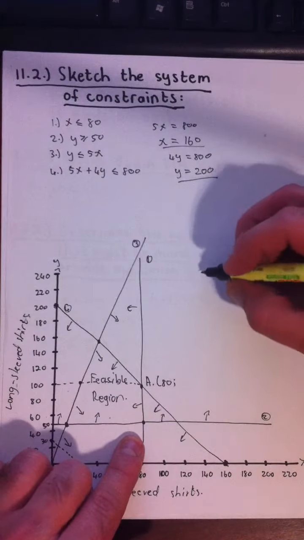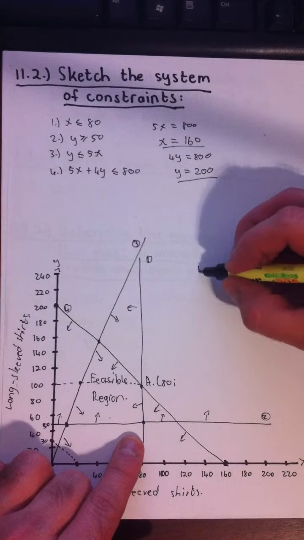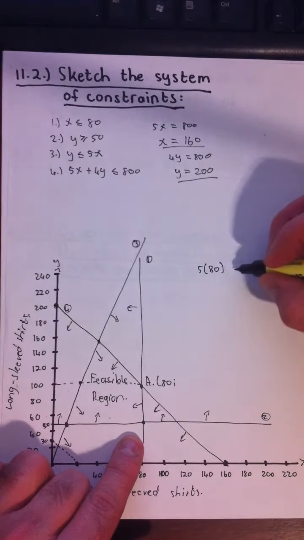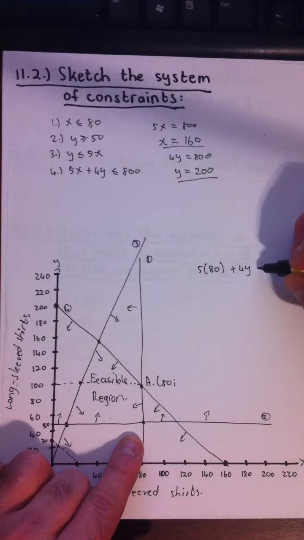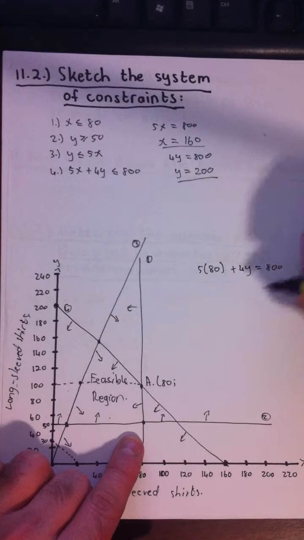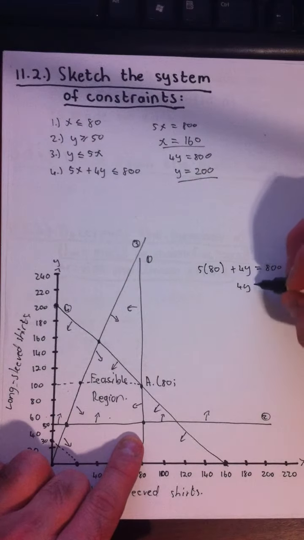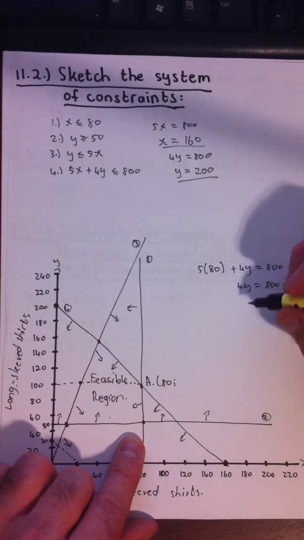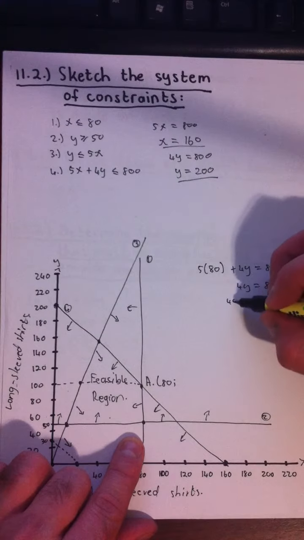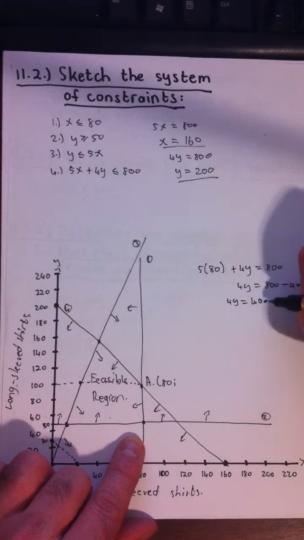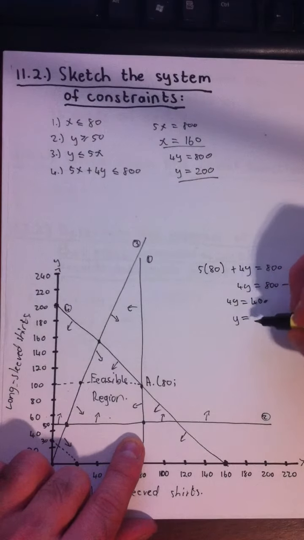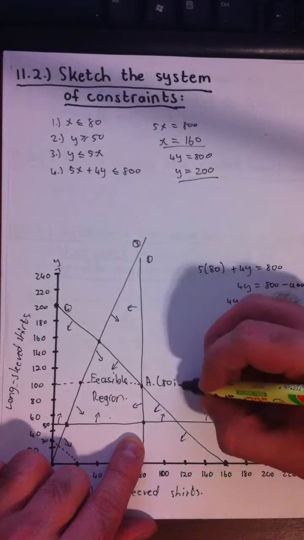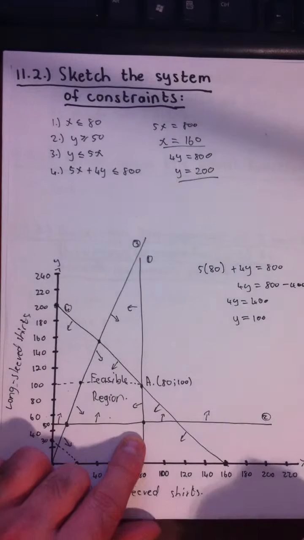Let me just do that calculation quickly. 5 times 80 plus 4y equals 800, so 4y is equal to 800 minus 400, that gives us 4y equals 400, and therefore dividing both sides by 4, y equals 100. So the y value there is 100.